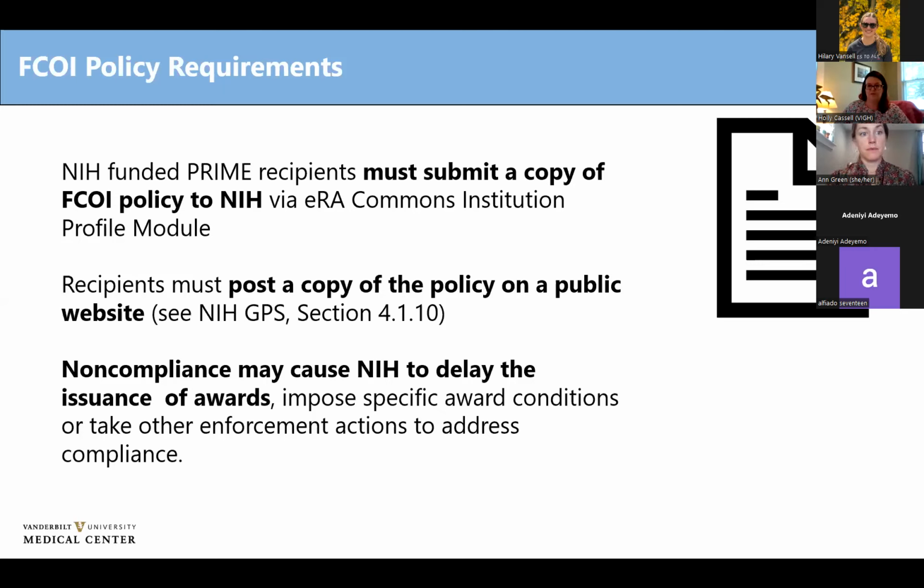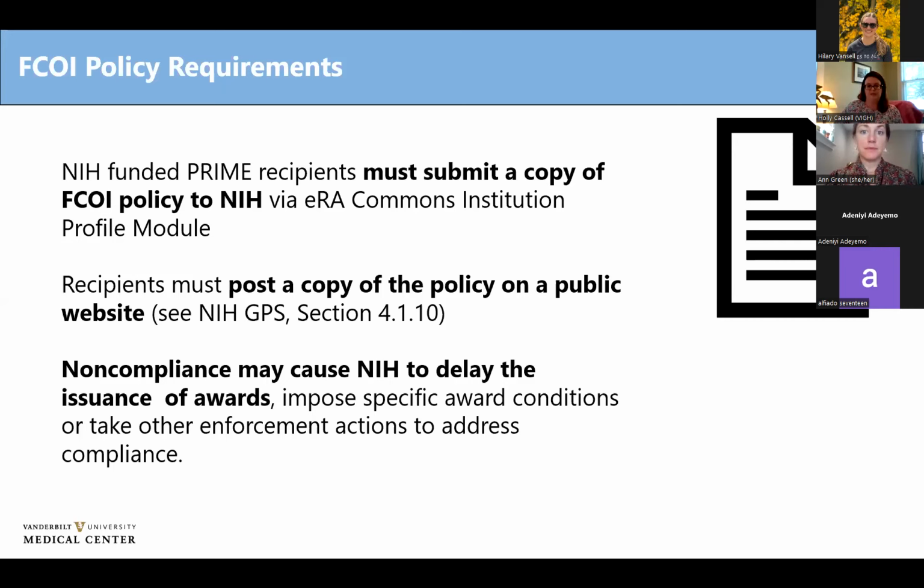So it's really important that the policy is submitted at the time when NIH is talking to you about the funding of your application. We do have an experience where one of our partner organizations primed an NIH grant, and they were not aware that they had to have the policy. They thought because we were their partner, they could use Vanderbilt. Because they're Prime, it had to be their own.